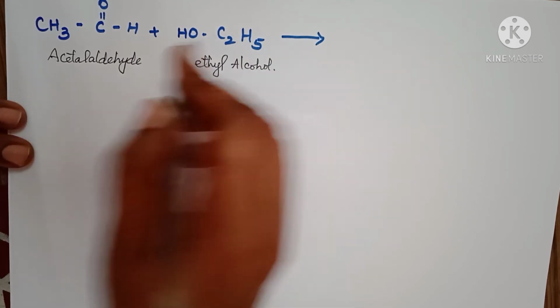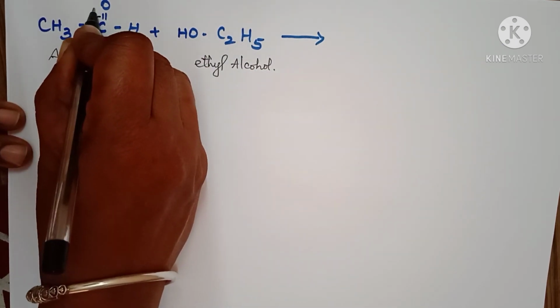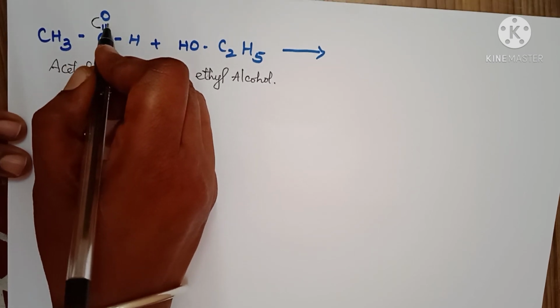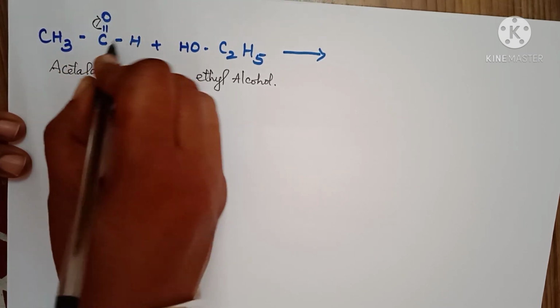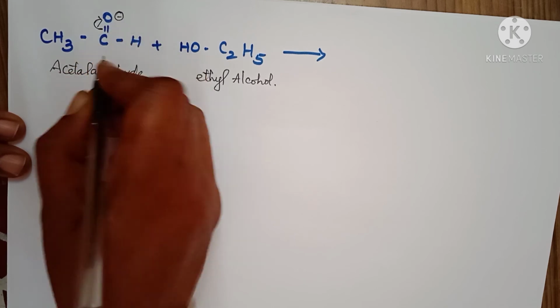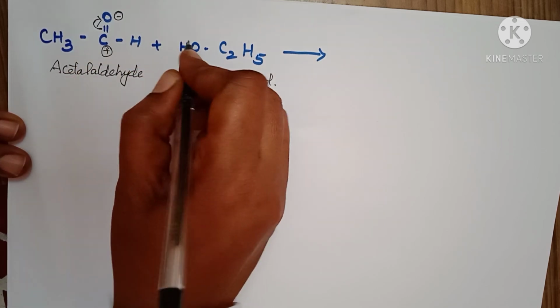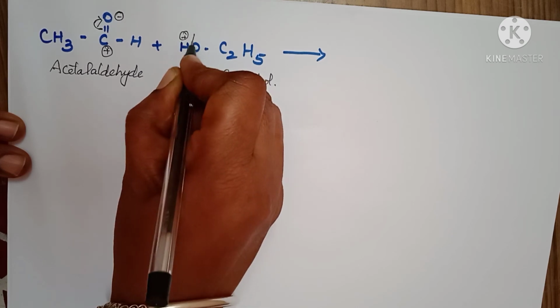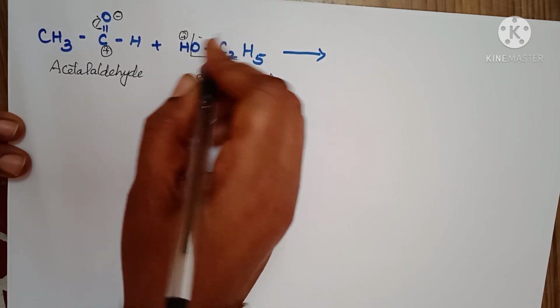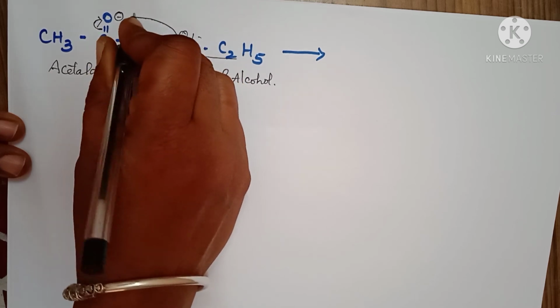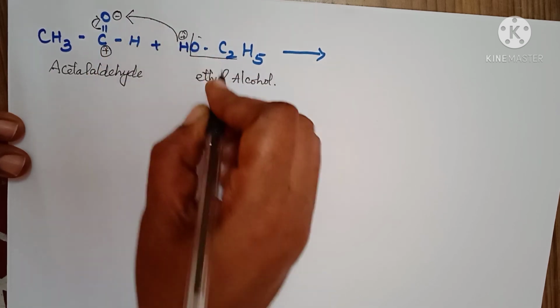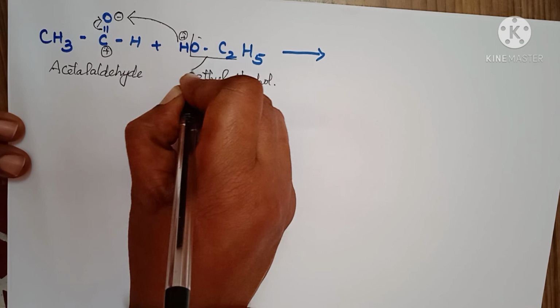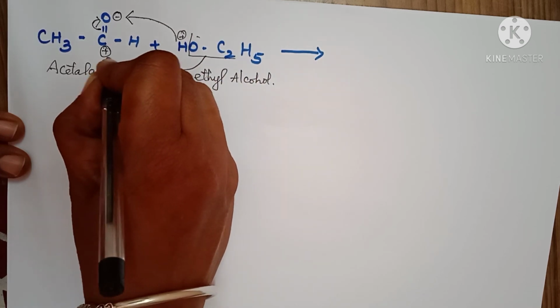Now you know the nucleophilic addition reaction very well. So this is minus and this is plus. Here also this is plus and this part completely minus. So this will attack over there, and this part is attracted by the nucleophile compound.